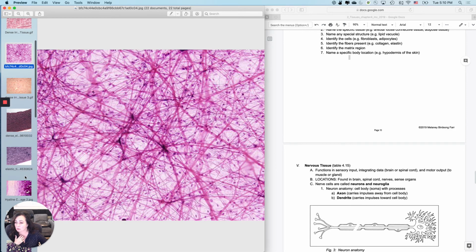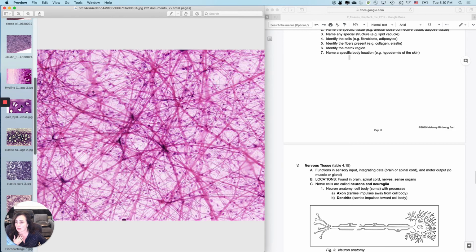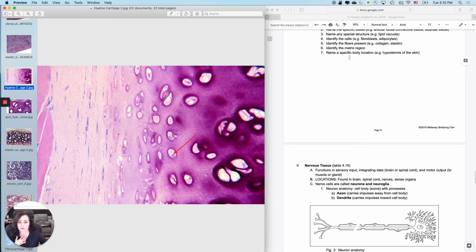How about our friend hyaline cartilage? Over here is hyaline cartilage. That is forming most of your cartilages in your joints, if you remember that term. It also is the tip of your nose, most of the fetal cartilage.